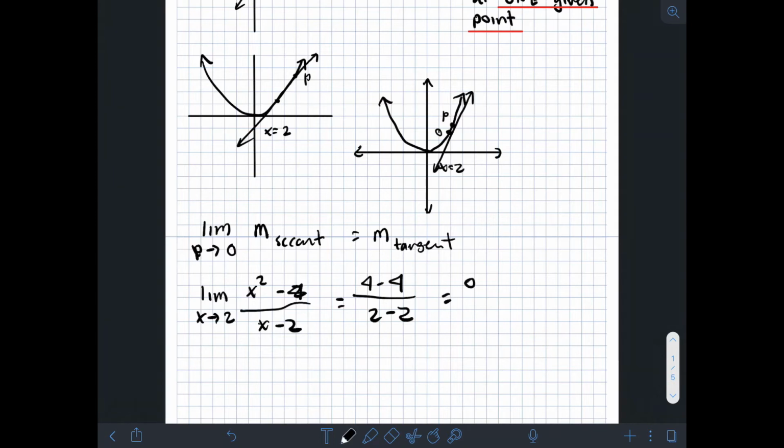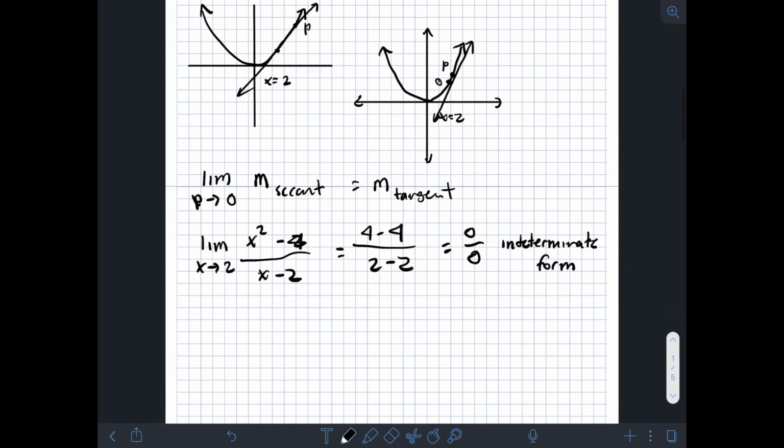We get 0 over 0. This isn't good. This is what's called an indeterminate form. When you have a limit of this form, we need to perform some sort of manipulation in order to actually solve for a value. So let's try this again.